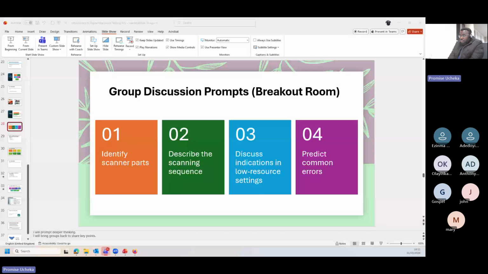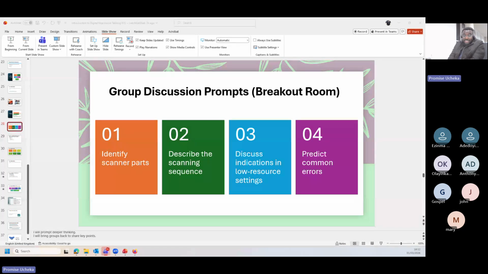And room number 3, can you talk to us about indications for use in low resource settings? I know we've had that conversation previously. Can you tell us for the benefit of others? Room number 3, we had Ezima and was it Adedo, someone?